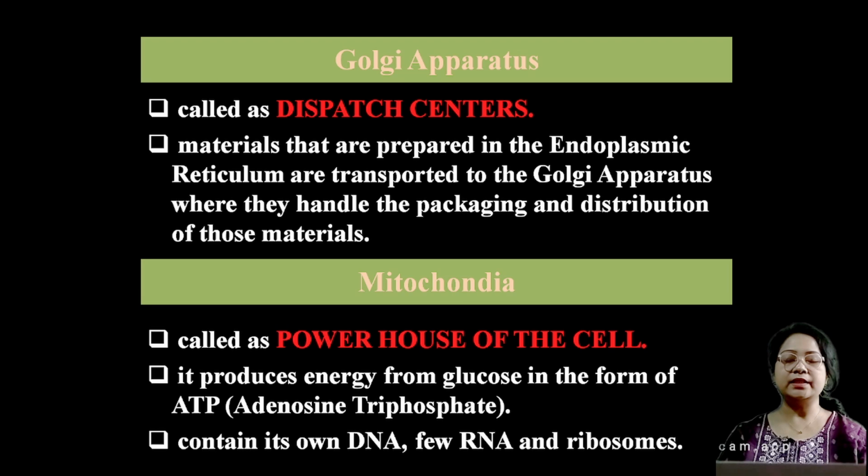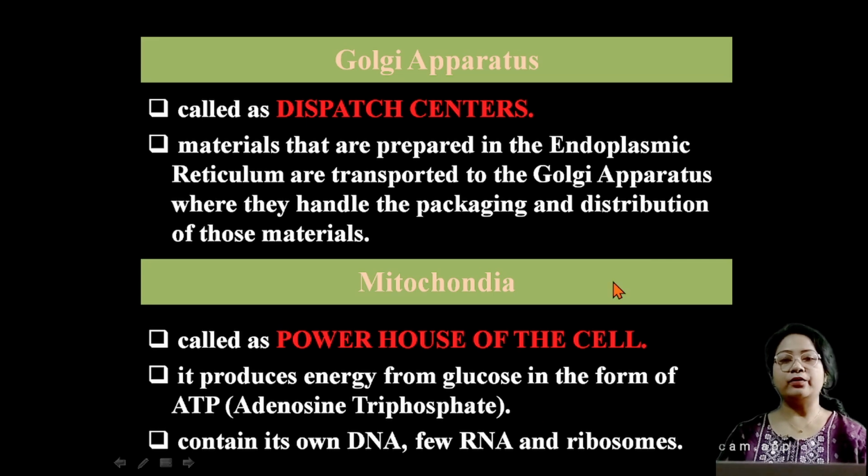The energy comes from glucose in the form of ATP. So the food molecules that we consume are converted into glucose, and that glucose is converted into energy, and then energy in the form of what? ATP, which is also called adenosine triphosphate.